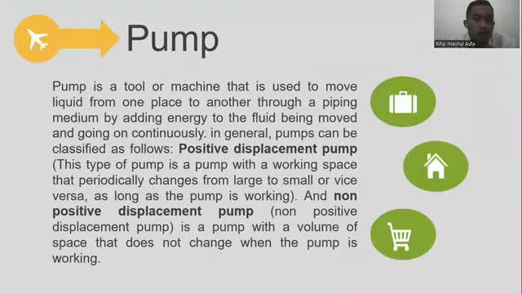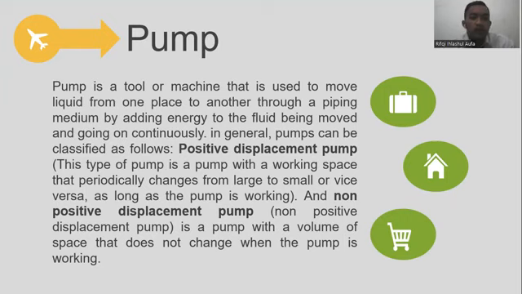Next slide is pump. A pump is a tool or machine that is used to move liquid from one place to another through a piping medium by adding energy to the fluid being moved, and it works continuously. In general, pumps can be classified as follows: positive displacement pump.